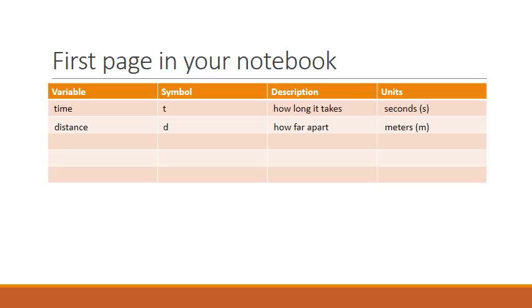There's one more variable that we're going to be adding to our notebook today, and that is mass. Mass is abbreviated with the symbol lowercase m, and the description of mass is how much stuff is inside of an object. Mass, just like time and distance, was really tough to define. In fact, it's the only variable that is still currently defined just with a single physical object.